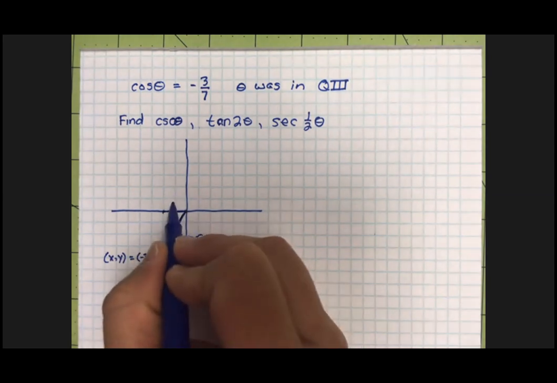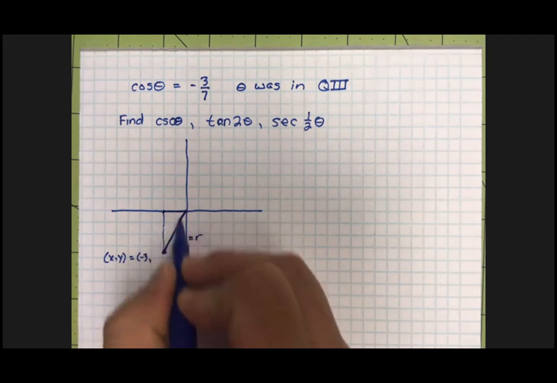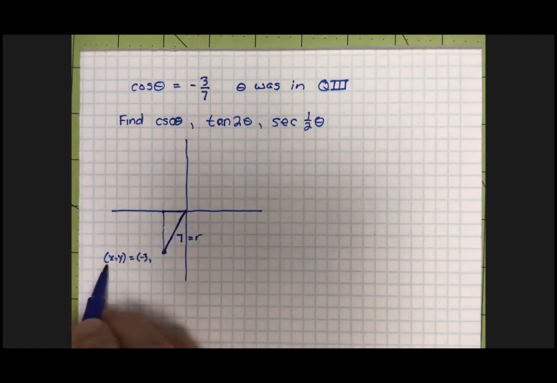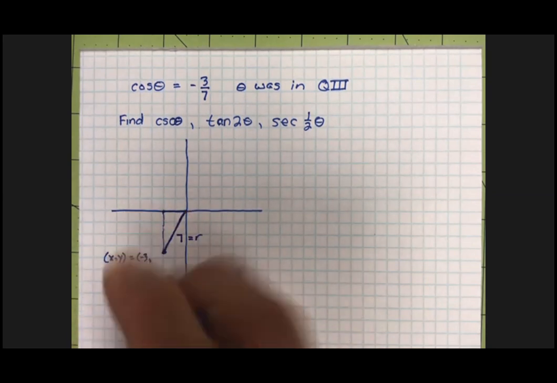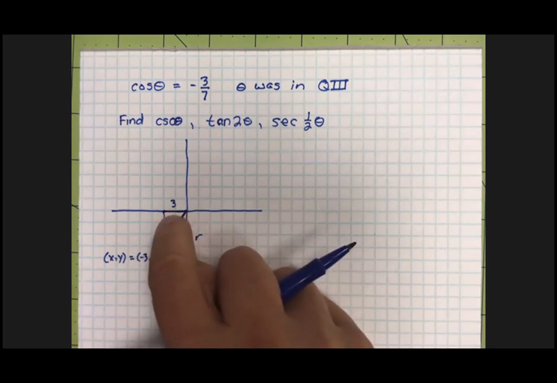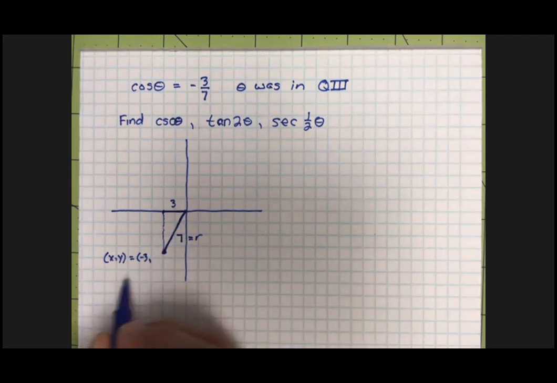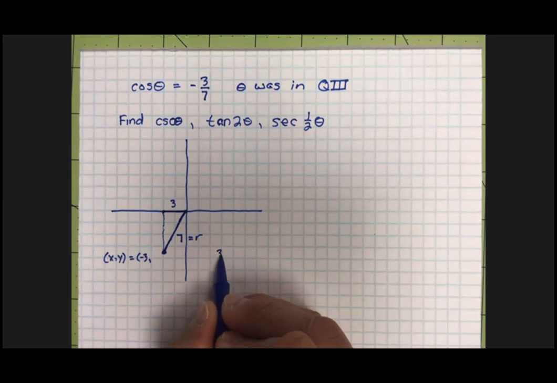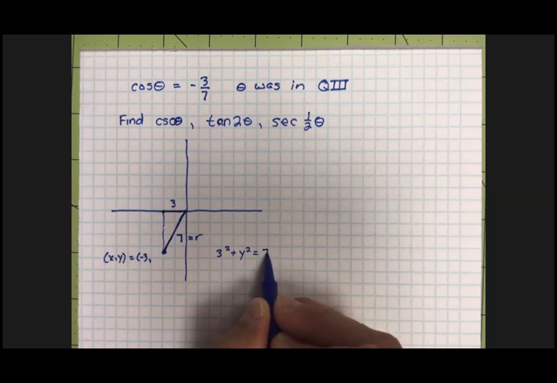Let me label this side of the reference triangle with positive values. So even though this point is -3 on the x-axis, the length of this side is 3. And that allows me to find the length of this side. So I use the Pythagorean theorem and I say 3 squared plus y squared equals 7 squared.